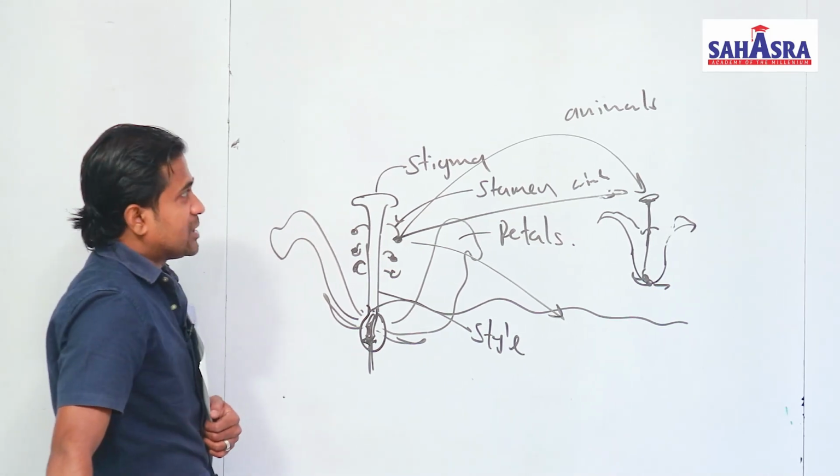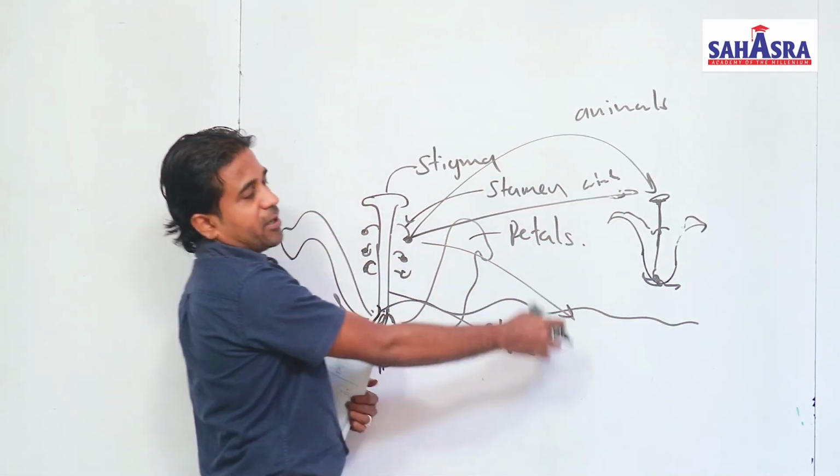Alright. So there are three sources: animals, wind, and the water.